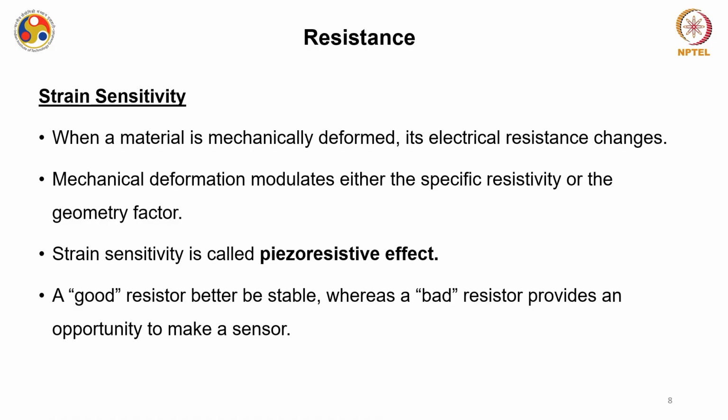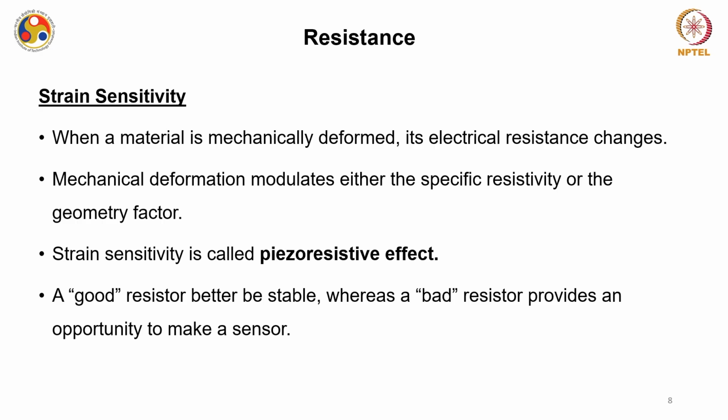Now let us see some examples of the sensors that can be made using these resistances, okay. First, let us try to understand the strain sensitivity of the resistances, okay. So when a material is mechanically deformed, its electrical resistance changes, okay. Mostly it happens with all kinds of materials, okay, but for some it is very prominent, okay.